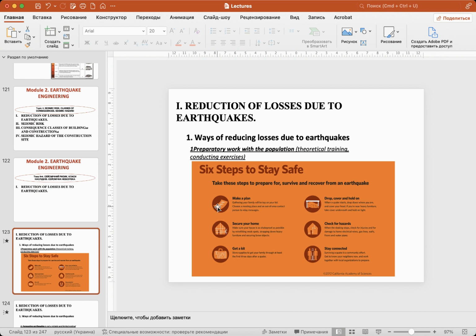I know one story about China. The director of a school got credit from a state bank, and with that money he increased the seismic resistance of his school.